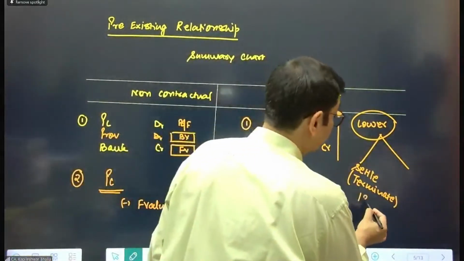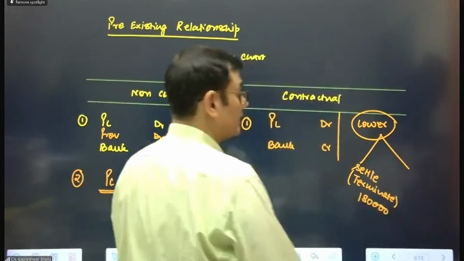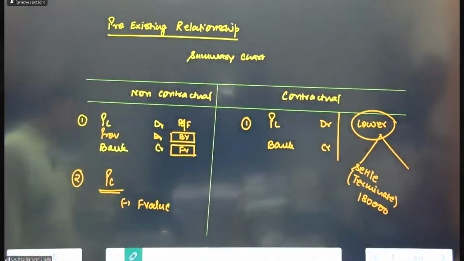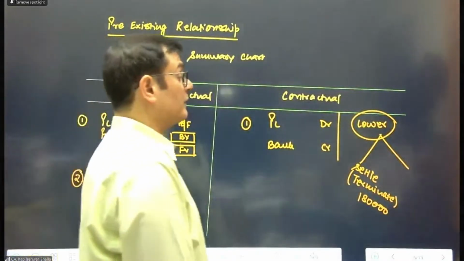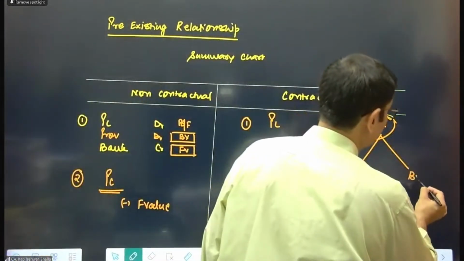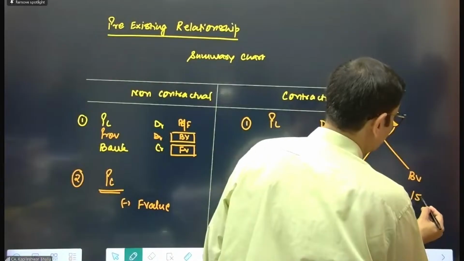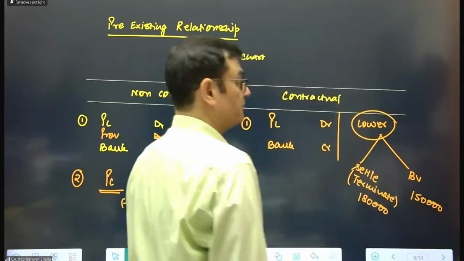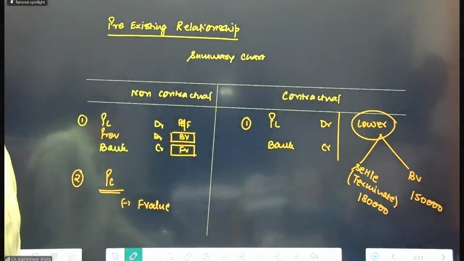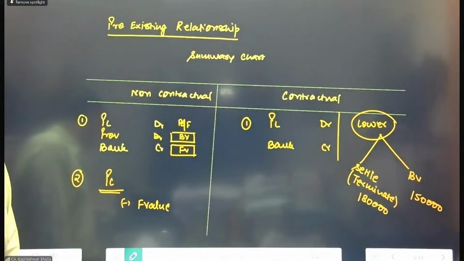In my example, it is 1,80,000. And we need to calculate the book value of that intangible asset. In my example, it is 1,50,000. So in this case, what we need to adjust is the lower of the two.